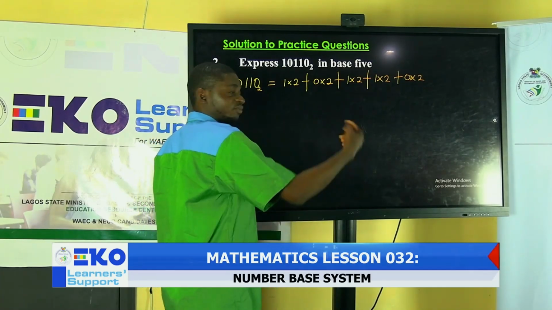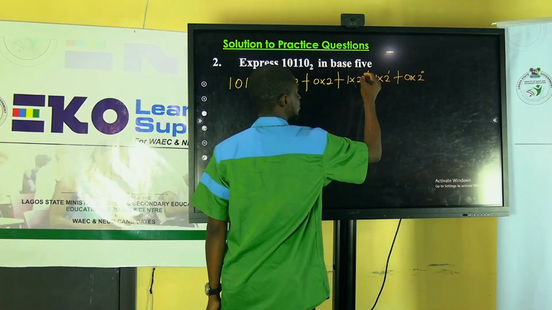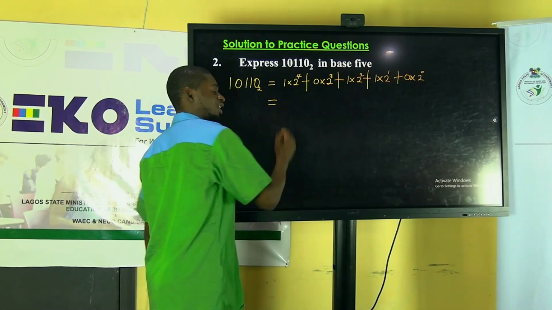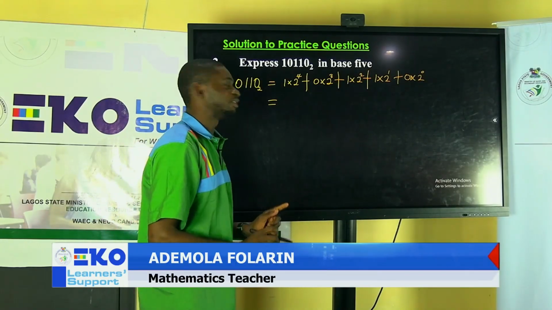After doing that, we give the powers to the base: 0, 1, 2, 3, 4. Interesting. You did something like this. Now let's begin to simplify.